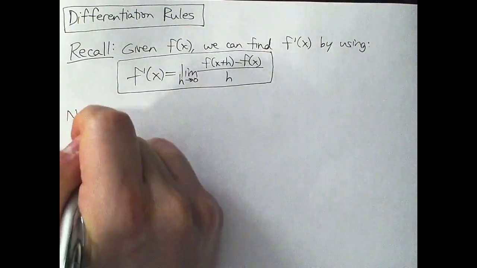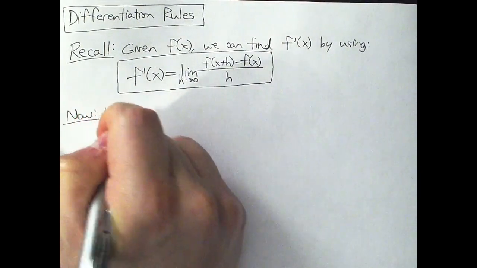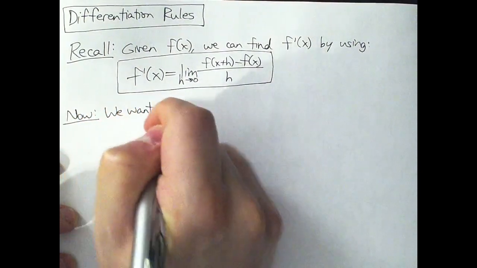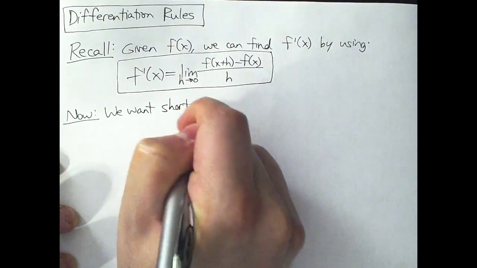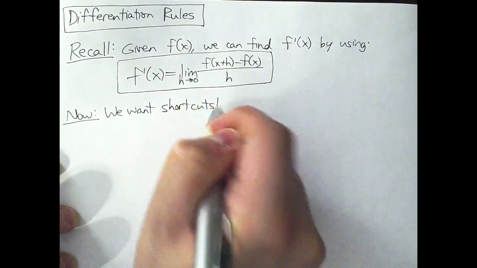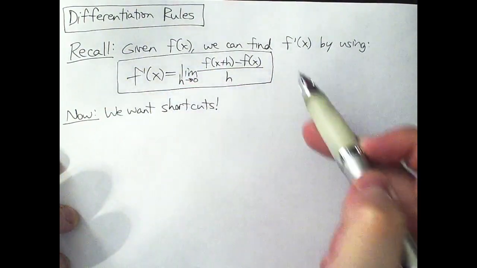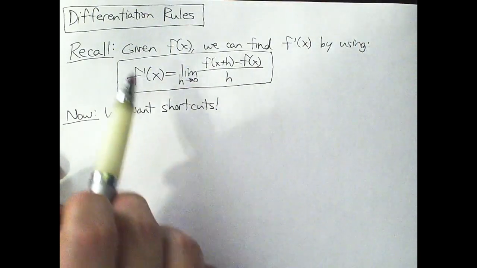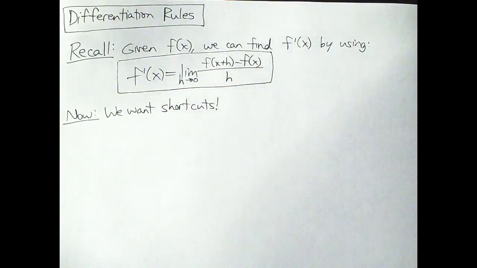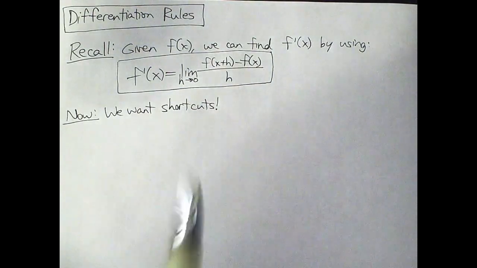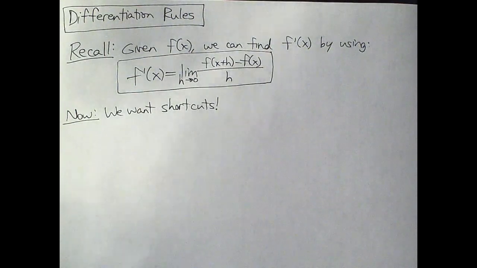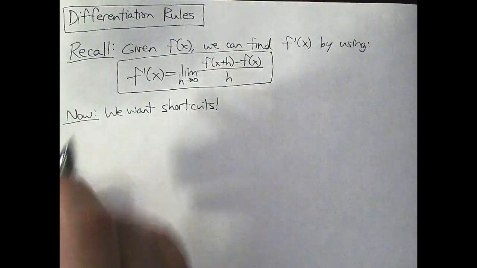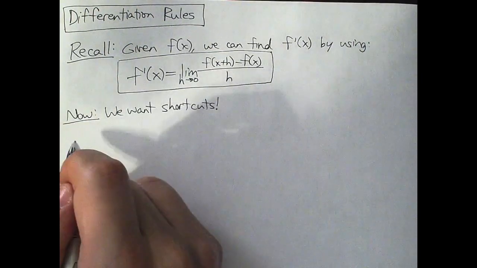But we want to do it with shortcuts. So I'm going to say now we want shortcuts. Because that formula, the definition of the derivative formula, is kind of cumbersome. It's kind of clunky, and it's a big formula with a limit attached to it. And it turns out that there are a lot of types of functions that we can differentiate in a quicker way. But we need to establish these new rules.